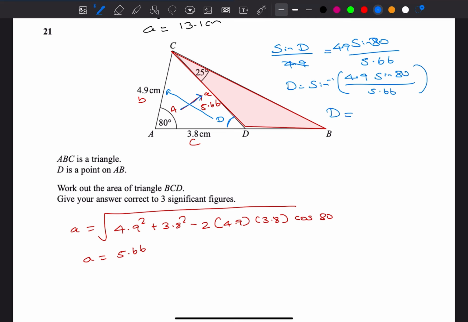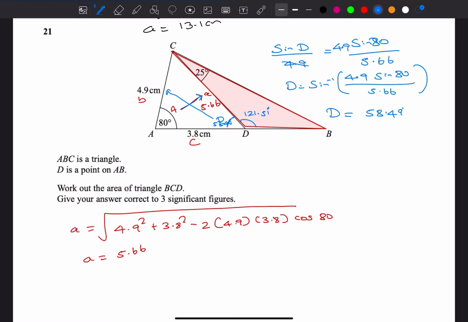The angle works out to be 58.49, 2 decimal places. Okay? So this angle is 58.49, and I can work out this one because it's 180 minus that, which is 121.51.